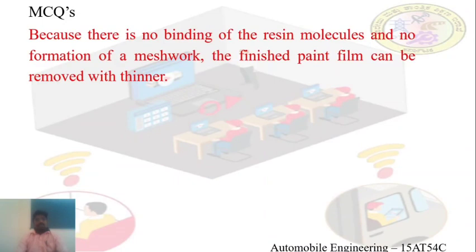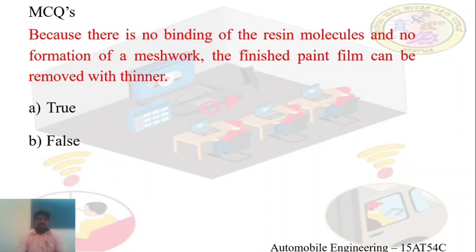The third question is: because there is no binding of the resin molecules and no formation of the meshwork, the finished paint film can be removed with the thinner. We need to identify whether the above statement is true or false.